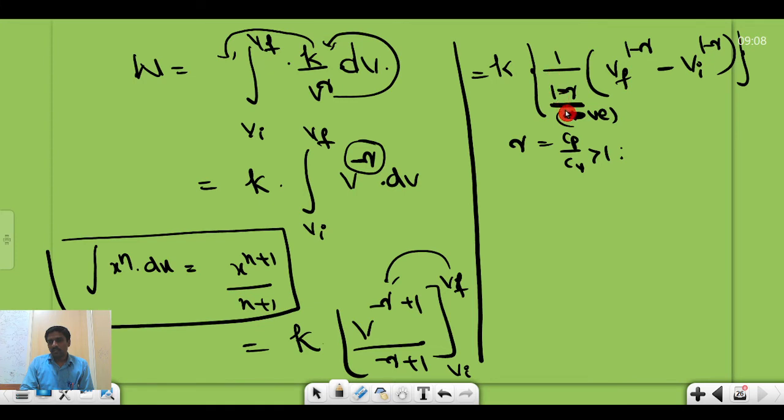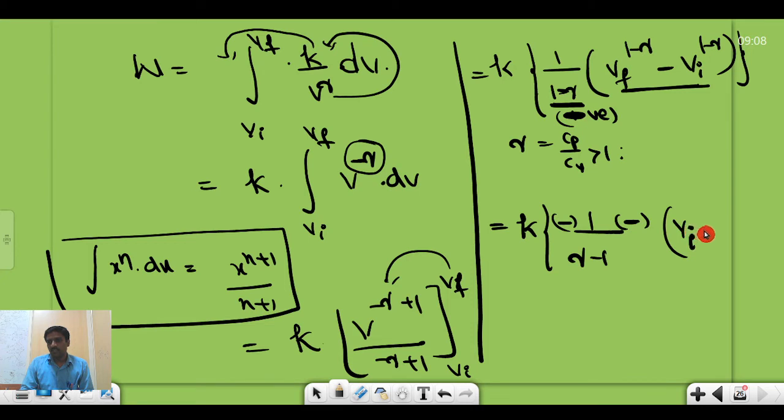To eliminate the negative value in this equation, I interchange the terms, taking the negative sign here, so the denominator becomes γ minus 1, and interchanging the terms in the bracket: Vi^(1-γ) minus Vf^(1-γ). Now look, the negative term is multiplied and it forms the positive term.